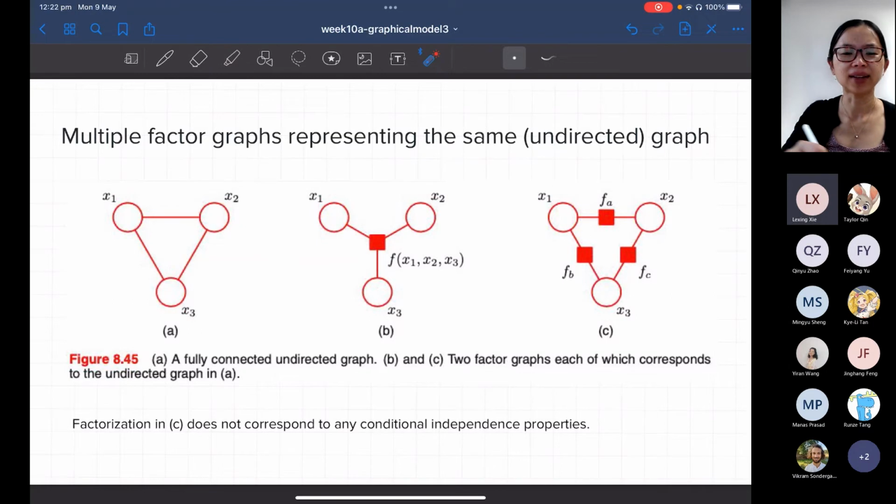So what does this say? It does say that we can make factors that do not correspond to any conditional independence properties.